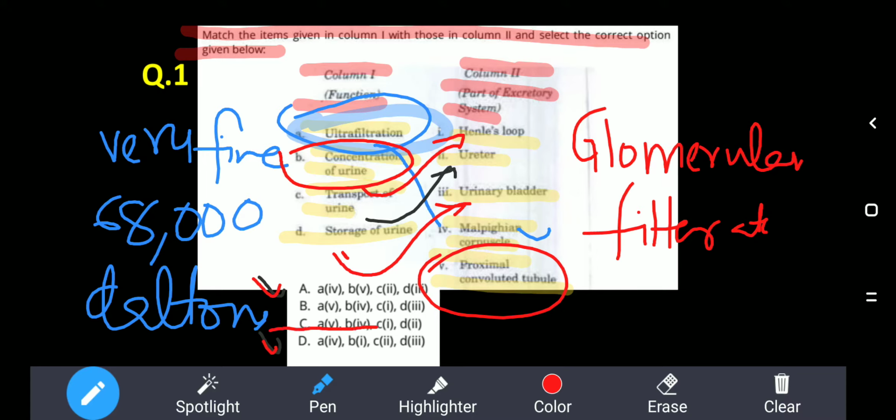That means this is our correct option. C, transport of urine, is with the help of the ureter, and storage of urine is in the urinary bladder. So our correct option is going to be option number D.